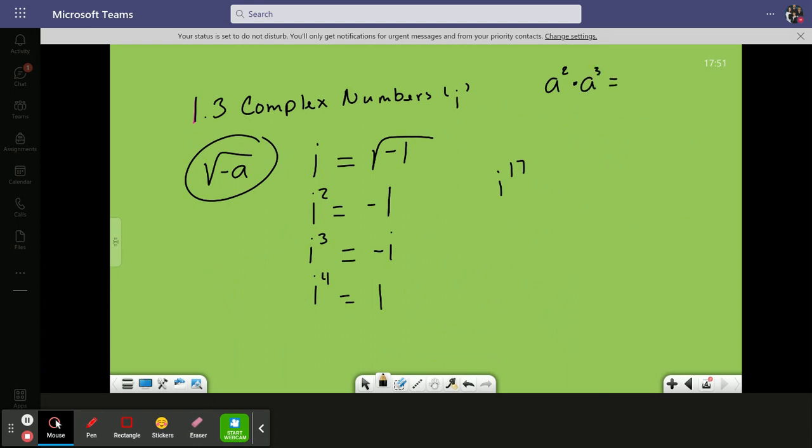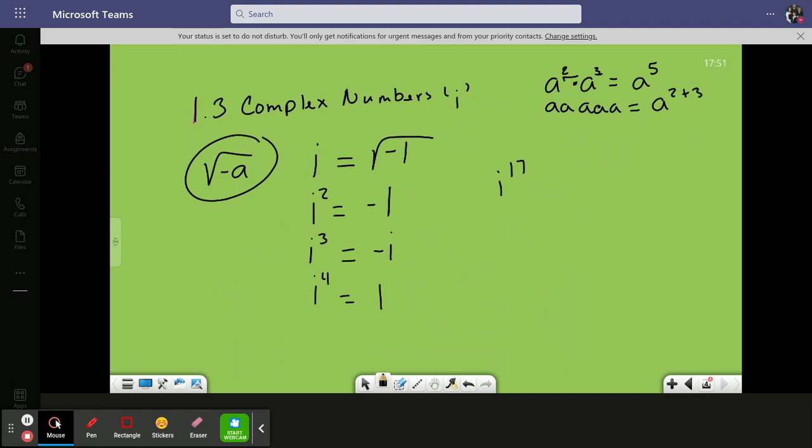When you had the same base, what did you have to do with those exponents? This is 2 a's, and this is 3 a's, so this is actually a to the 5th power, right? And all we had to do, the shortcut, was to add those exponents. This is a to the 2 plus 3, right?